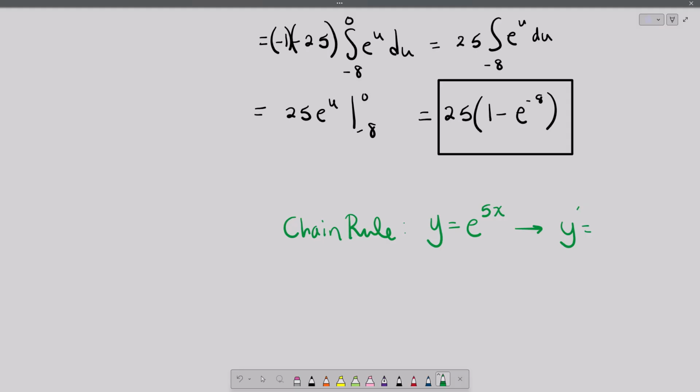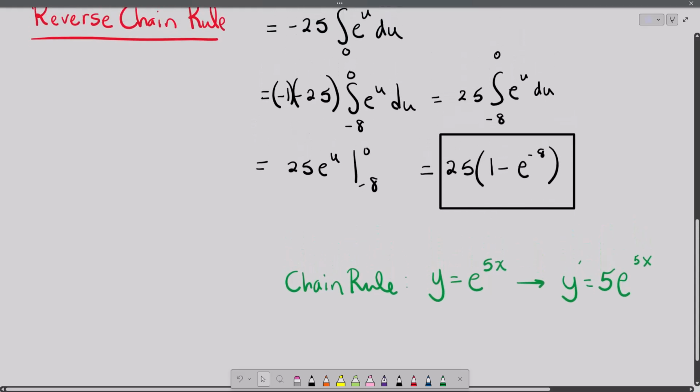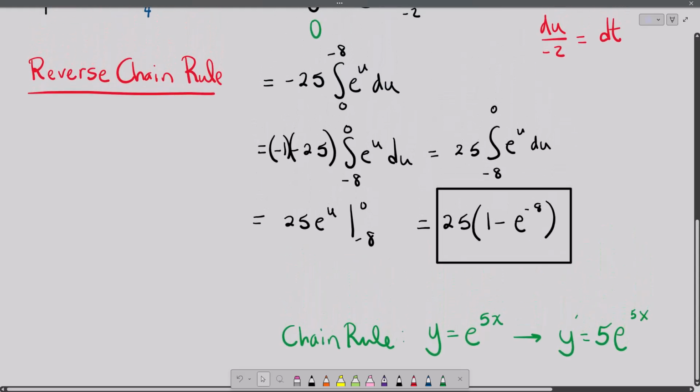The derivative of an exponential is e to the 5x times the derivative of 5x. So we get 5e to the 5x, right? The derivative of an exponential is itself multiplied by the derivative of the exponent. That's chain rule. Reverse chain rule, instead of multiplying by the 5, we divide by the 5.